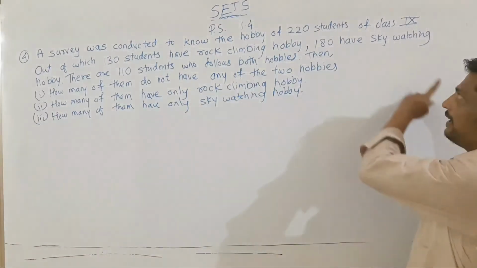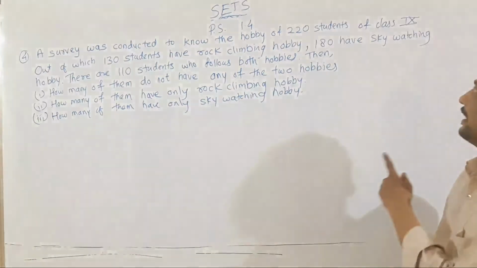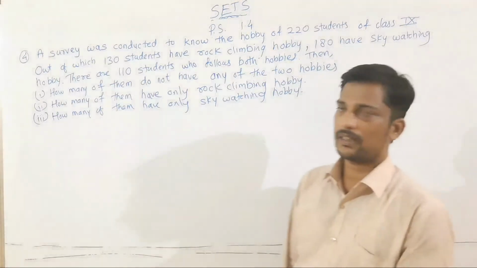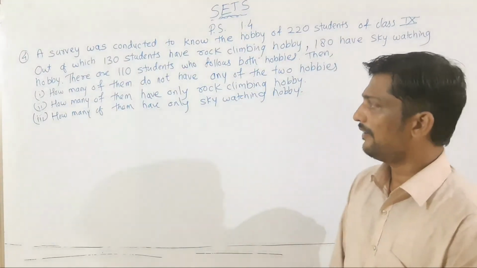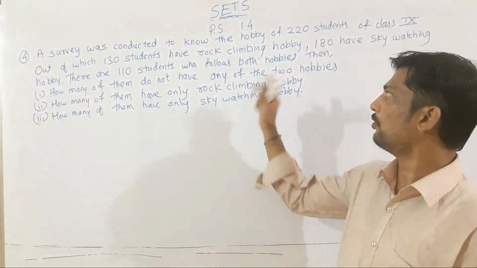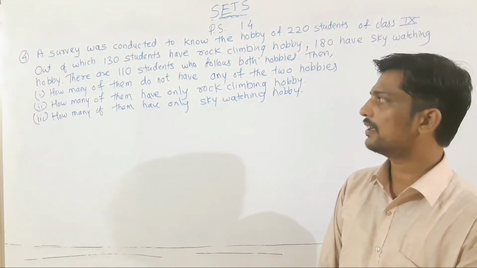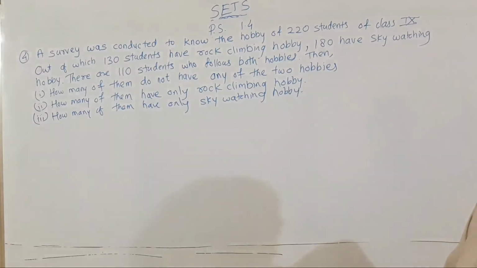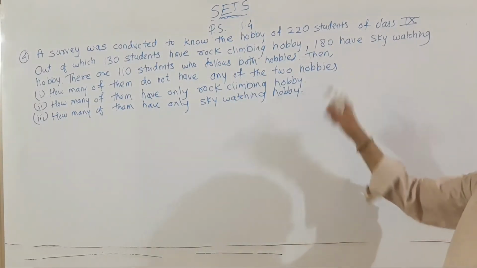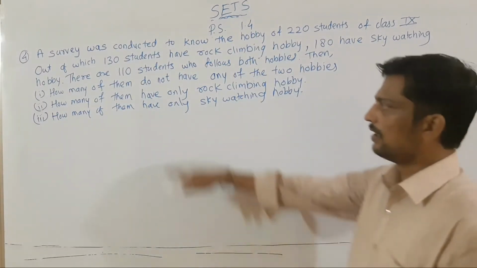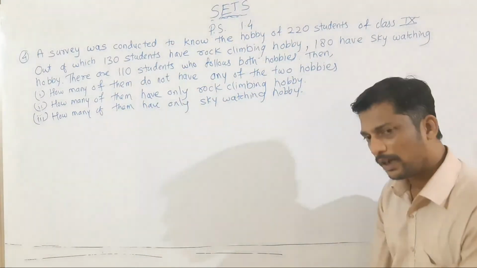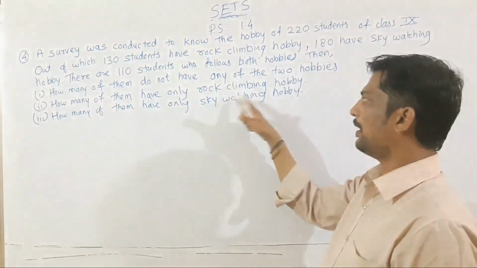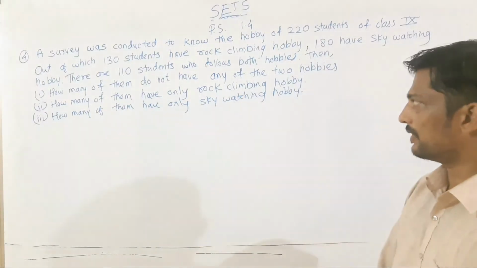Fine. 180 have told us that they have sky watching hobby. Fine. There are 110 students who follow both the hobbies. Fine. Now, the question is that how many of them do not have any of the hobbies? Second, how many of them have only rock climbing hobby, and how many of them have only sky watching hobby?